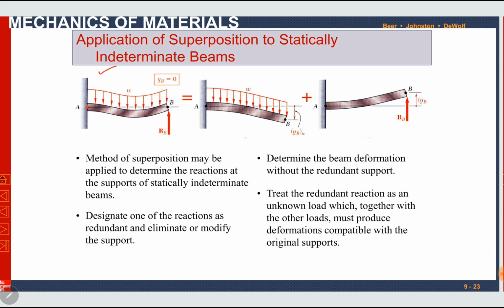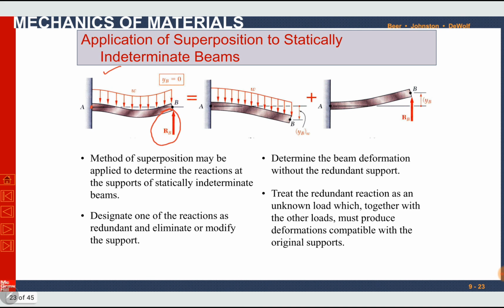So here a total of 4 unknown reactions are there. What we need to do is first identify a redundant reaction. Redundant reaction is that extra reaction which makes the beam statically indeterminate. For example, in this case, if we remove this redundant reaction, the beam will be like this.